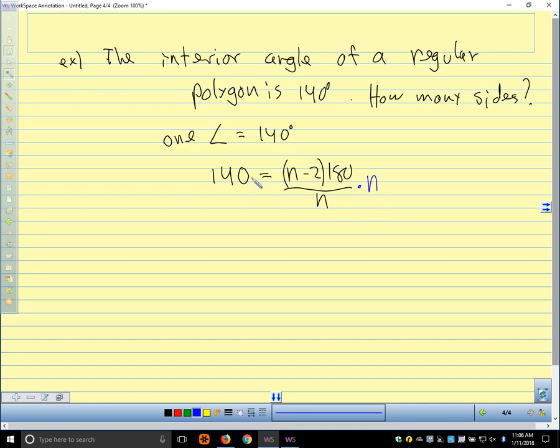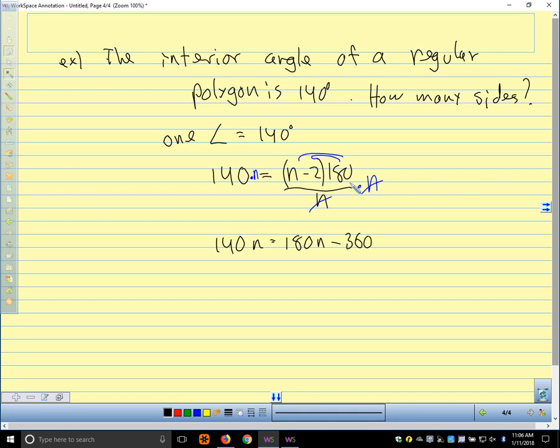So times n, and I'm going to put the multiplication there, just so it's in the order that we usually see it. When we multiply by n, those cancel, and I get 140n. And what do I need to do here with these parentheses? Distribute. So we multiply that 180 in there. I get 180n minus, because it's a minus sign, 360. 2 times 180 is 360.